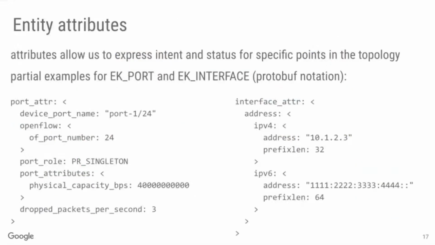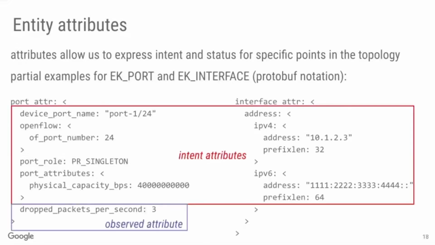So as I mentioned, entities have attributes that give us a way to express what the intended configuration and properties of that entity are for different points in the topology. And then we also have a way to represent some state variables as well. So this is a partial example for a port and an interface. So the port is on the left and the interface is on the right here.